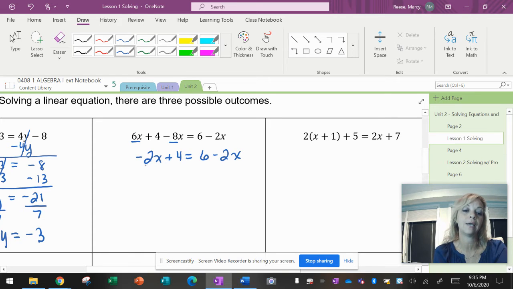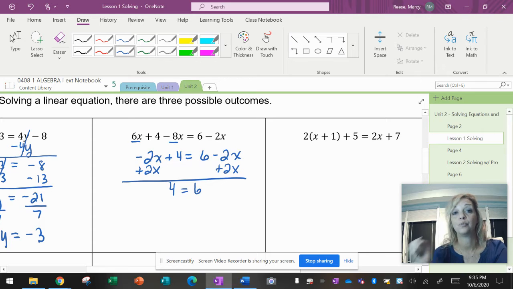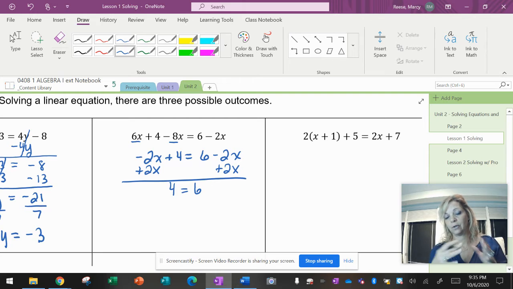This is a negative 2x on the left, so I'm going to add 2x. I bring the 4 down and the 6 because I haven't changed them yet. Negative 2 plus 2 equals 0, so they cancel out. There's no x value here, it's gone. Now it's just 4 equals 6. Hold on to that thought.